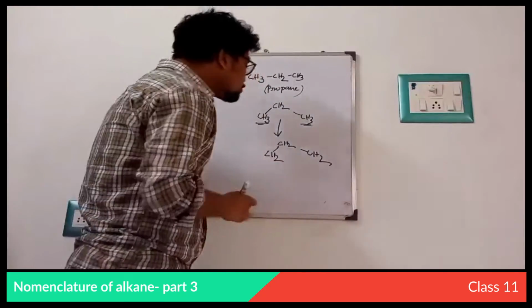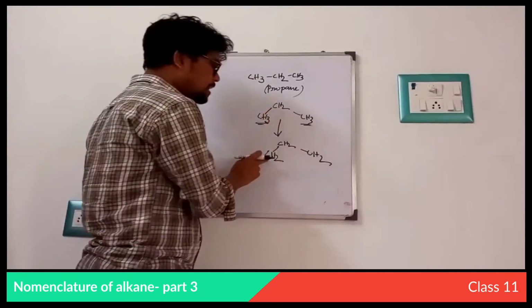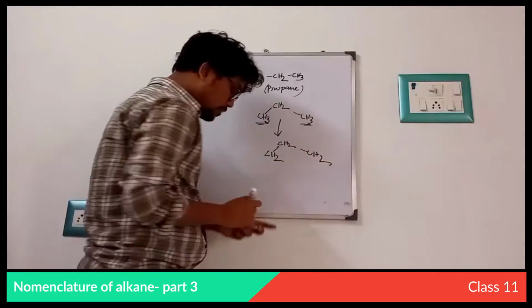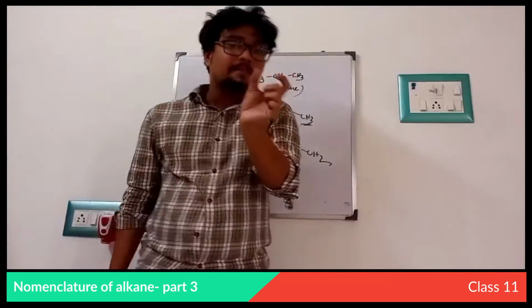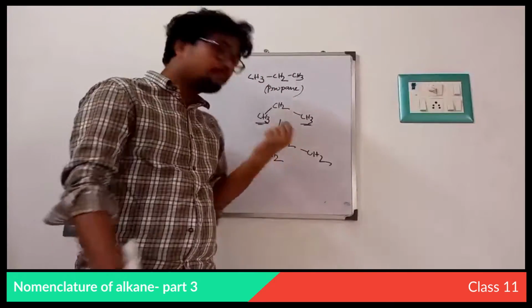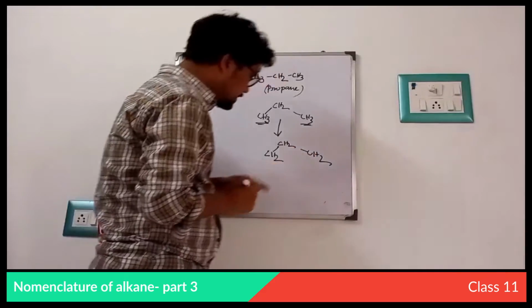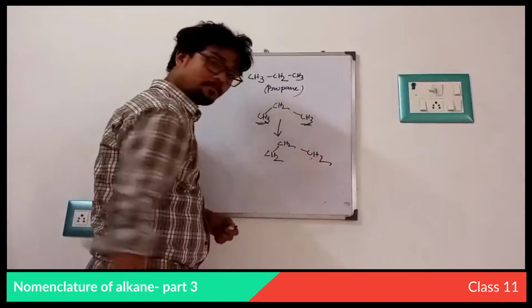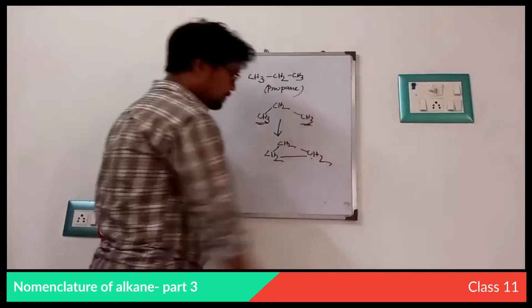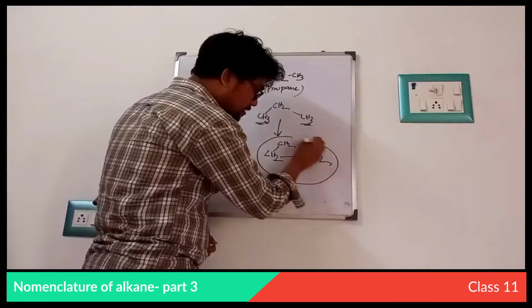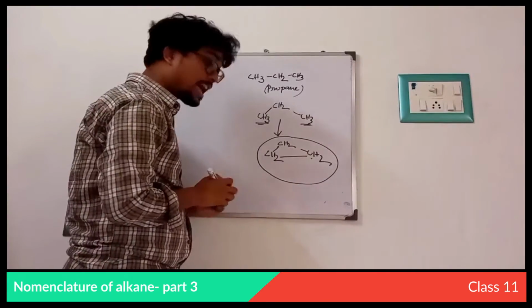Now the valency of this carbon and this carbon is 1, 2, 3, 1, 2, 3. So one more single bond is needed to complete their valency. In this case, this carbon and this carbon will form a bond. This is actually how the cyclic structure of an aliphatic compound arises.